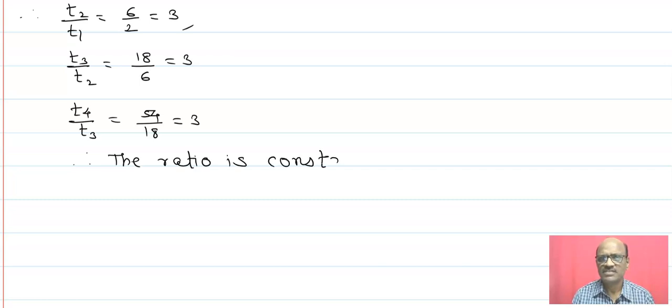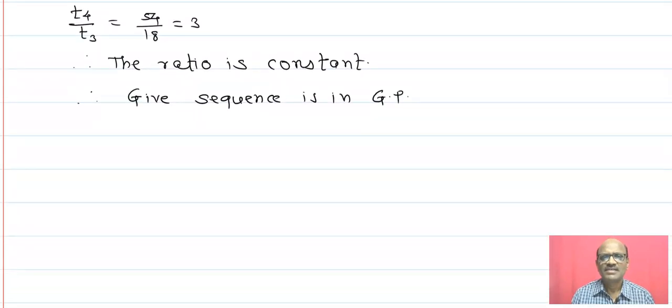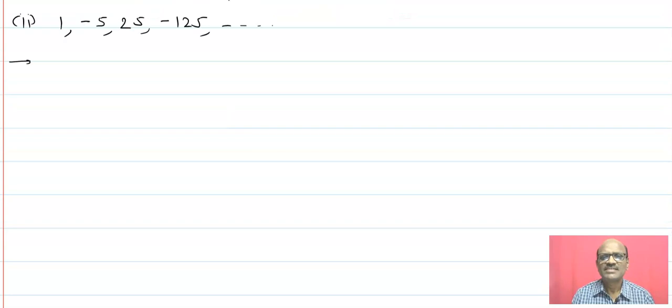Therefore, the given sequence is in GP. Now we want to find the nth term also, but we'll find it when question number 2 starts. The given sequence is in GP, that is a geometric progression.